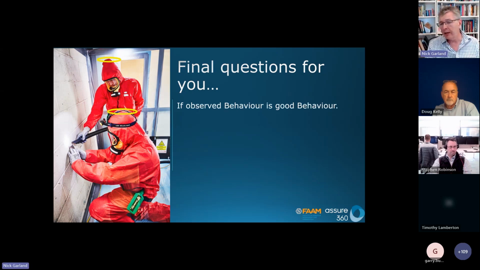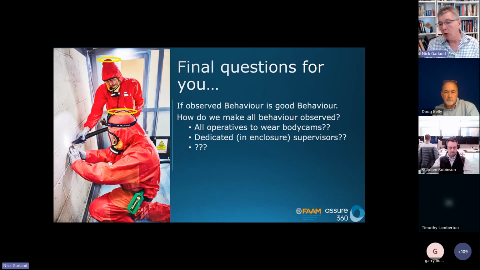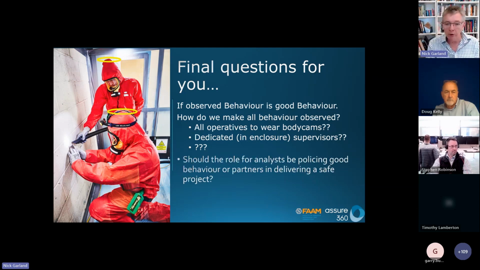So if observed behavior is good behavior, how do we make all behavior observed? Do we get all operatives to wear body cams, for example? Do we reintroduce dedicated in-enclosure supervision? Are there other ways that we can encourage or simulate this idea that careful removal is done only when being observed?